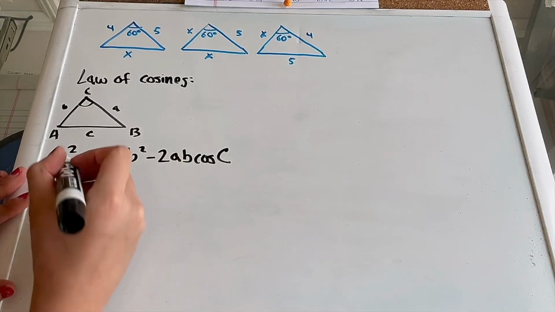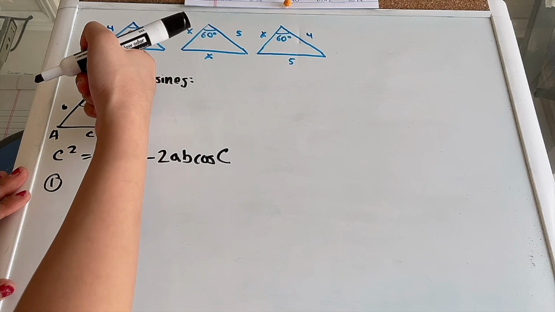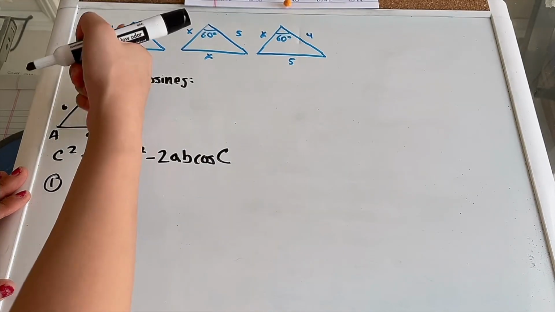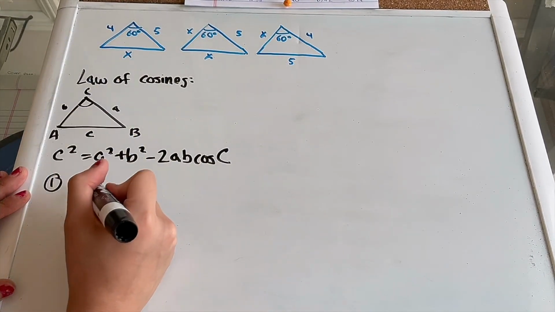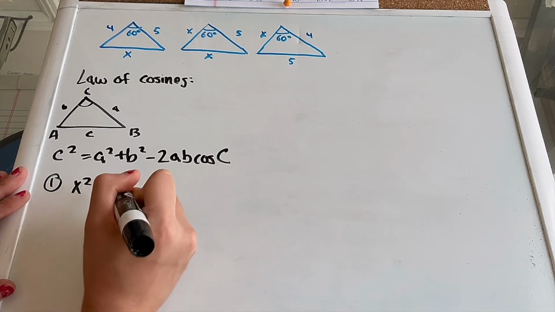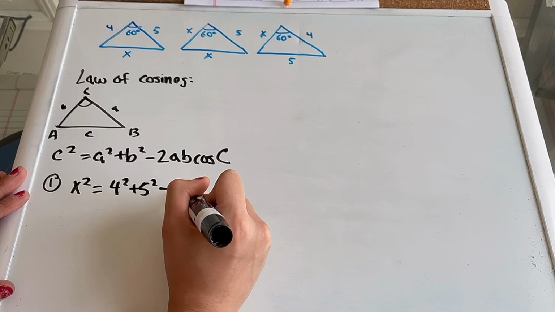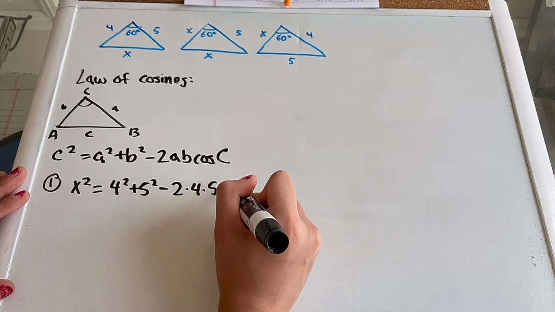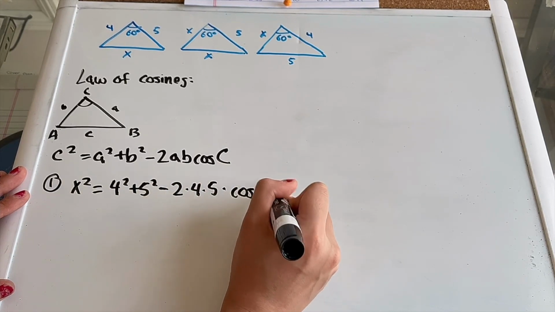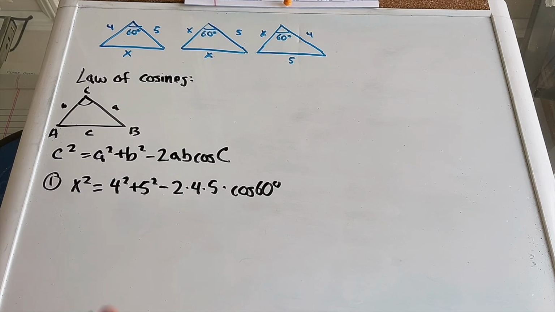So in the first one, c is going to be x because we know the angle C, which is 60 degrees. So here it is going to be x squared is equal to 4 squared plus 5 squared minus 2 times 4 times 5 times the cosine of 60 degrees. And then we simplify.